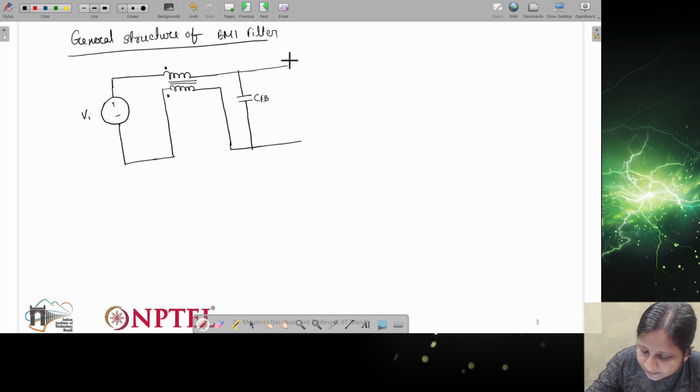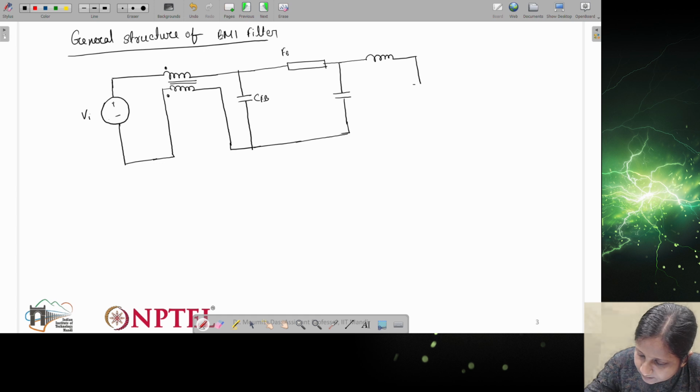This again will be connected to ferrite bead. So this name I will write later. This will be connected to another capacitor, and then this is inductor, this is input capacitor, right?